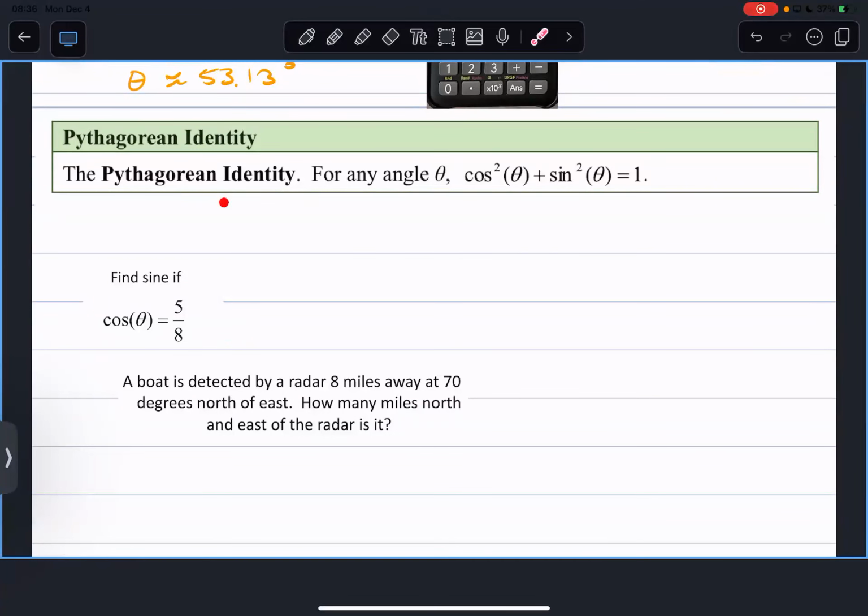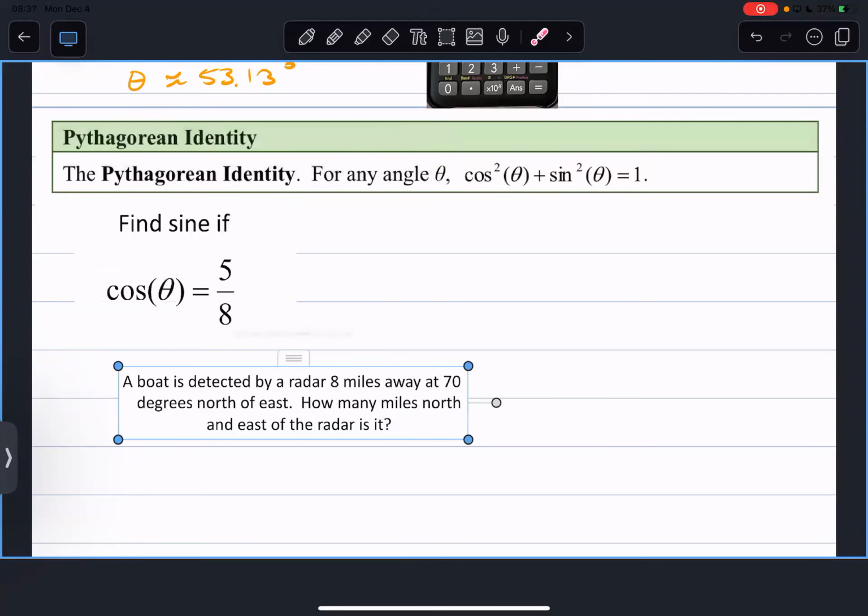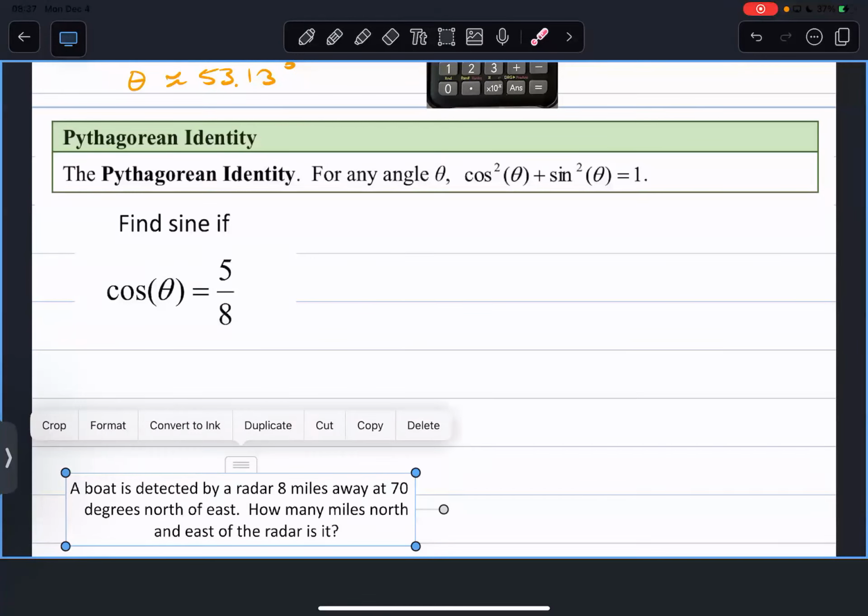The Pythagorean identity says that for any angle theta, cos squared theta, which is just the square, plus sine squared theta is 1. So we can use that. I was going to develop it. No, we'll just use it.